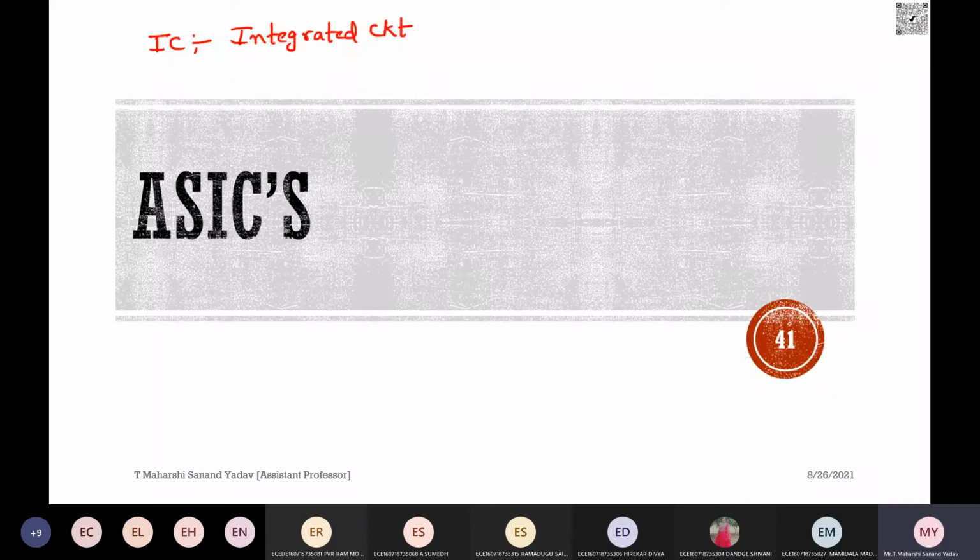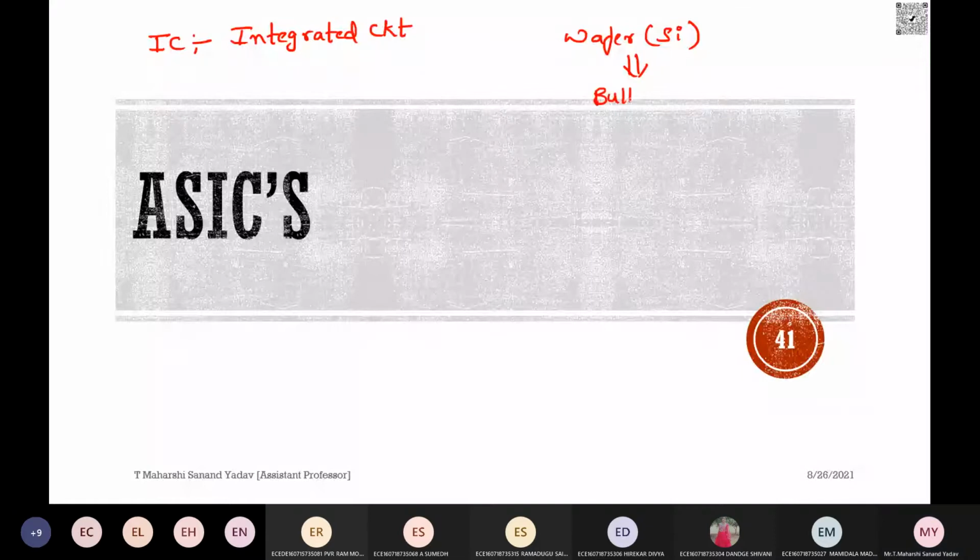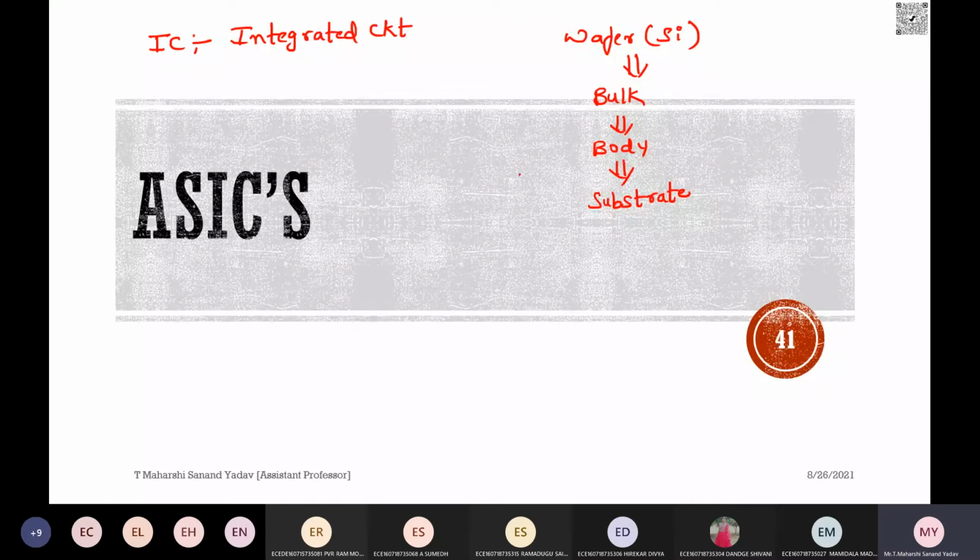What is the base layer that is used here? Silicon chip. Yes, silicon, which is nothing but a wafer. What is another name for wafer? Wafer, bulk, body, substrate, everything is the same.